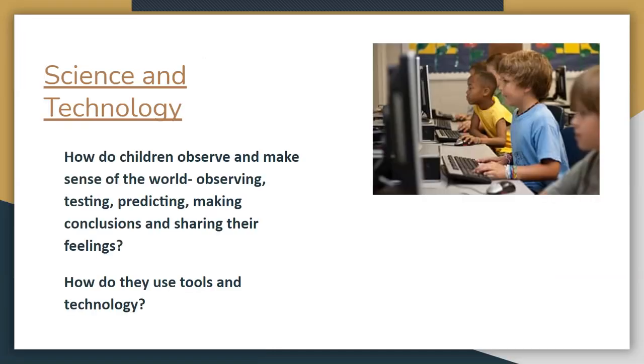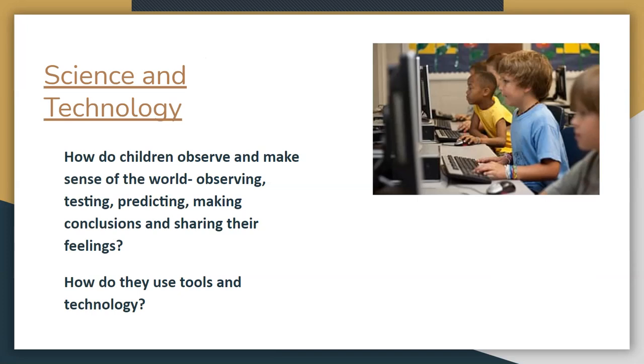Science and technology. How do children observe and make sense of the world? So science and technology would deal with observing, testing, predicting, making conclusions, and sharing their feelings. And how do they use the tools and technology? So we're not just sitting a child in front of the computer and saying, go for it.